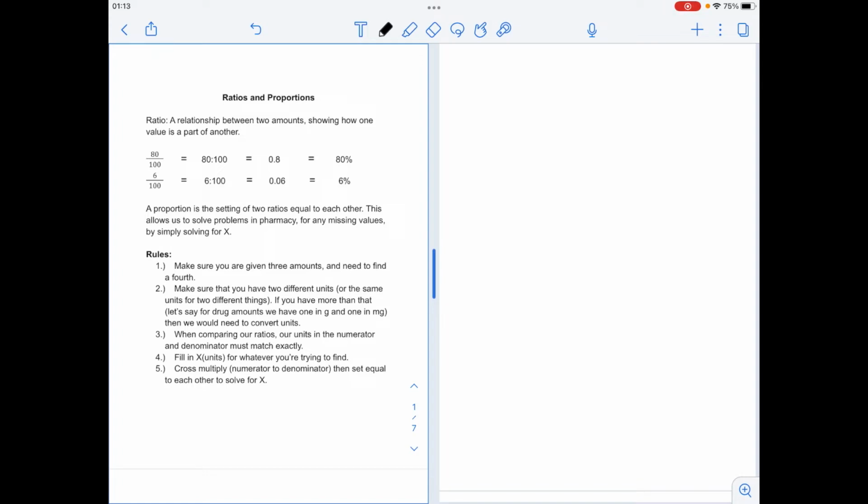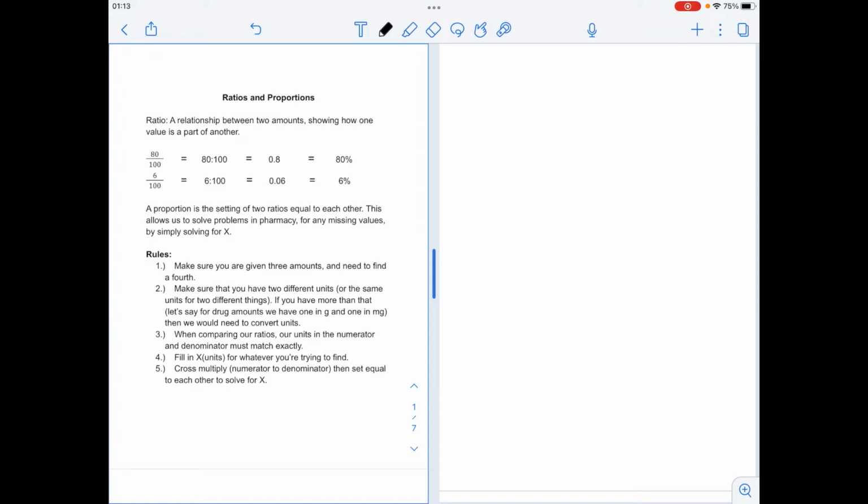I prefer the ratio and proportion method, even though you have to solve several equations, maybe if you need to do several conversions, because to me, it's just easier to break it down that way. Dimensional analysis, you can solve many equations at once. And to me, that gets a little confusing. It's just helpful for me to only use it for IV drip rate conversions, but otherwise, I prefer ratio and proportion.